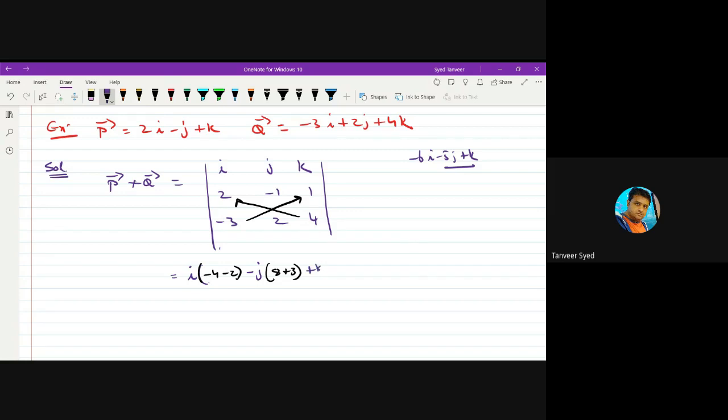Plus k into 4 minus 3. Check according to the mathematical rules: plus, minus, minus, plus, minus, minus, plus. So it is minus 6i minus 11j plus k. This is the answer that you should get.